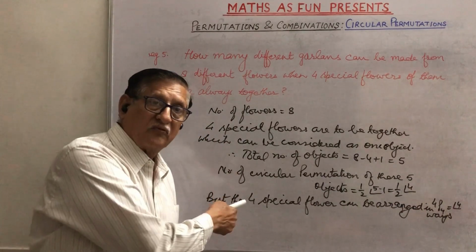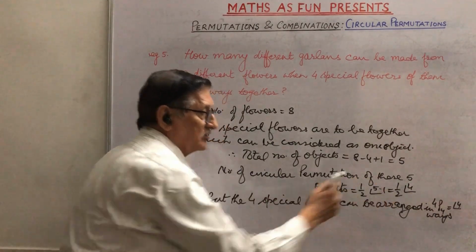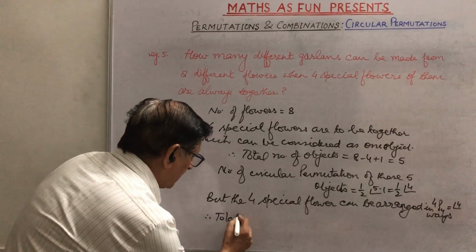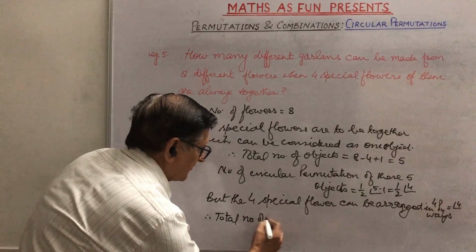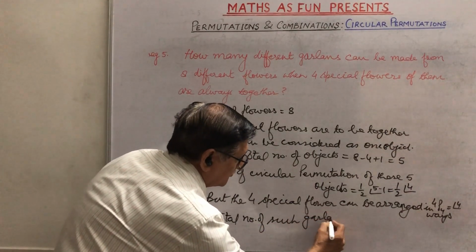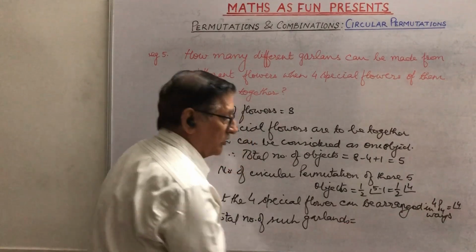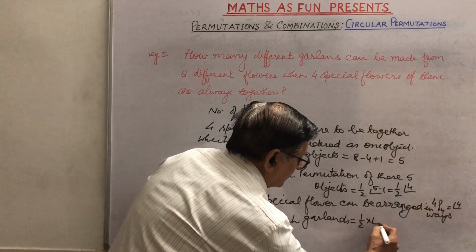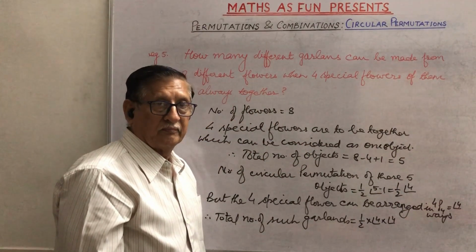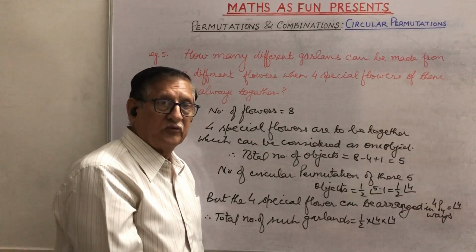It means the total number of garlands will be the product of these two. Therefore, total number of such garlands will be equal to half into factorial 4 into factorial 4. And we know factorial 4 is 24.